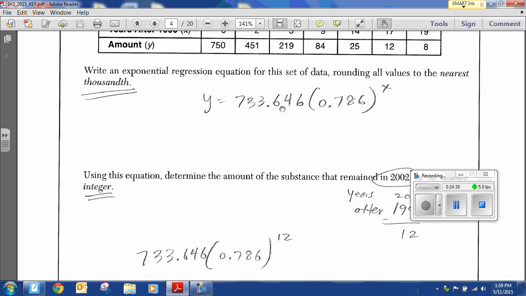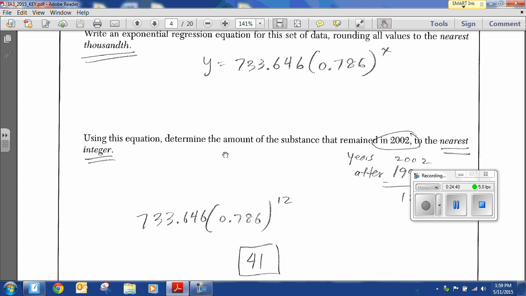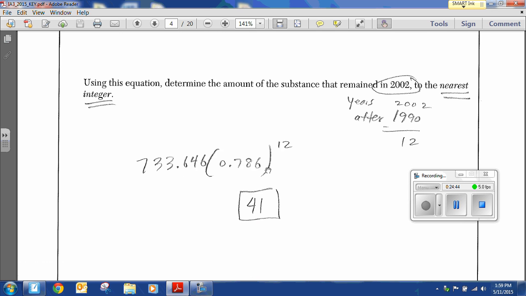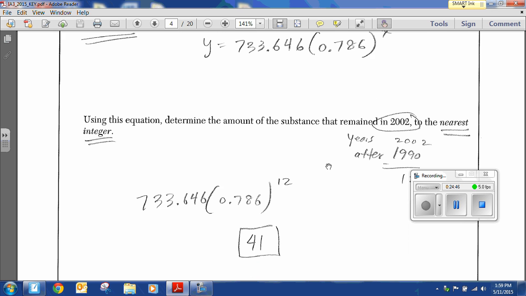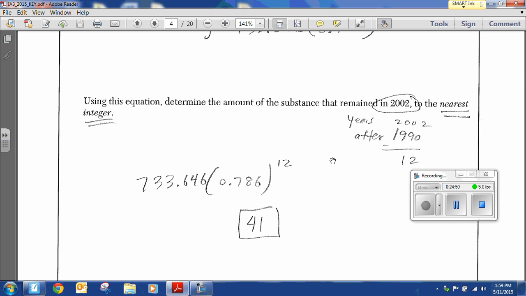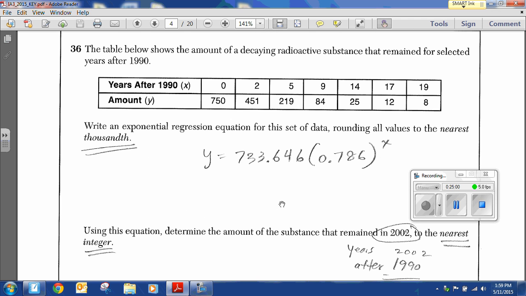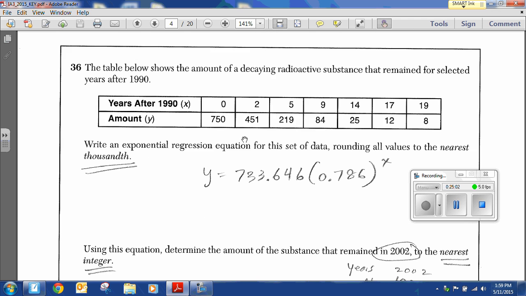Using this equation, determine the amount of the substance that remained in 2002 to the nearest integer. Well, since 1990, we use 12. So we plug 12 in for x, and we plug it in the calculator, we get about 41. And this is basically a calculator feature.